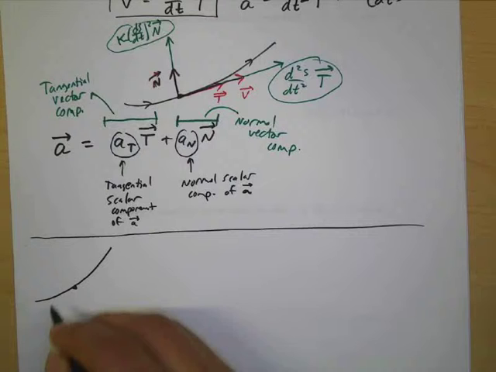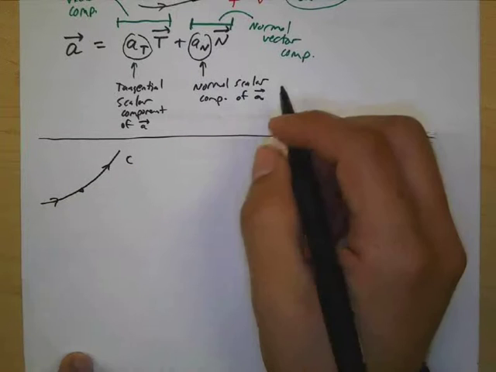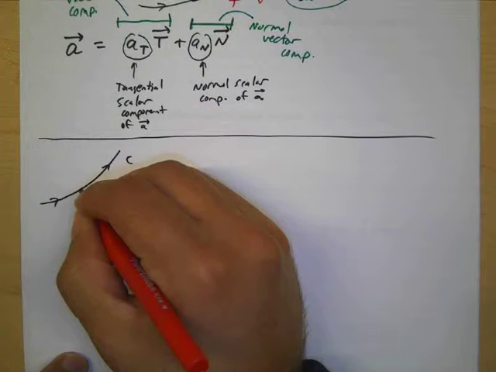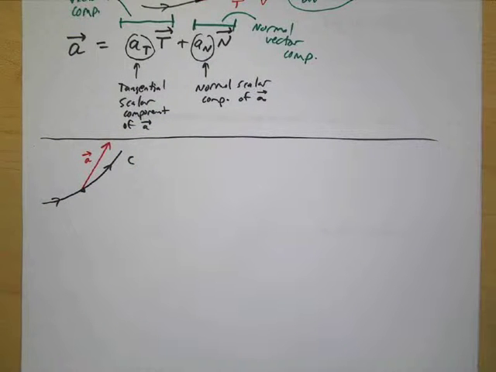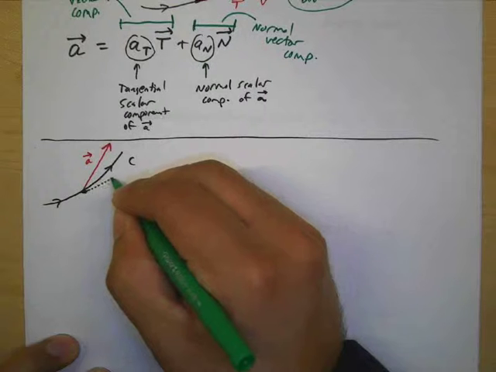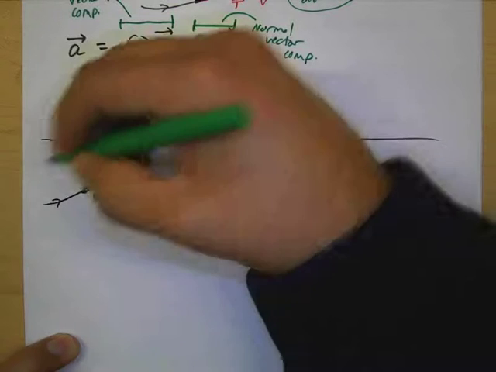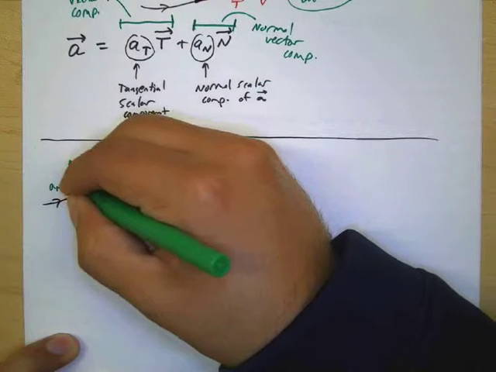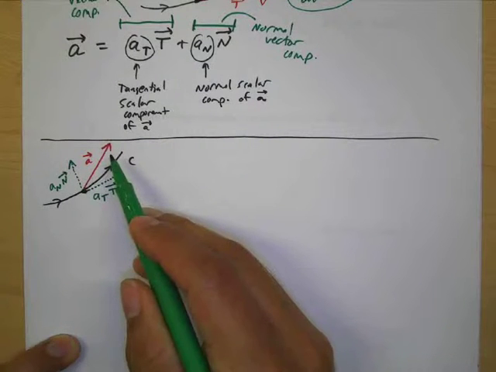If we have that same curve, and maybe the acceleration vector looks something like this, then what we can do is say, well, we know that there's going to be a tangential component, so that will be a sub t times unit tangent vector, and there's going to be a normal component, so that will be a sub n times unit normal, so that when you take these two green vectors and add them together, that's going to produce the final acceleration vector. Okay?